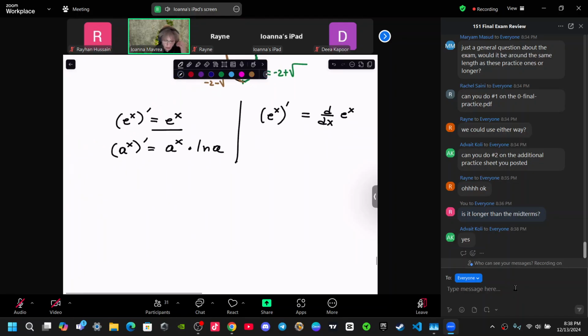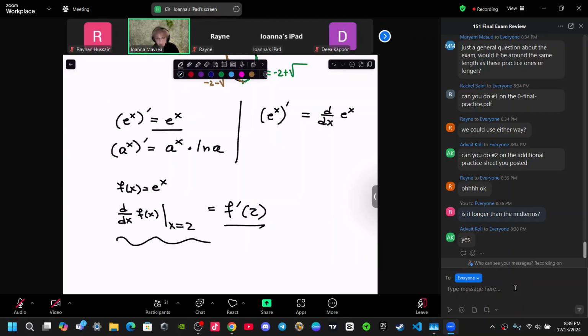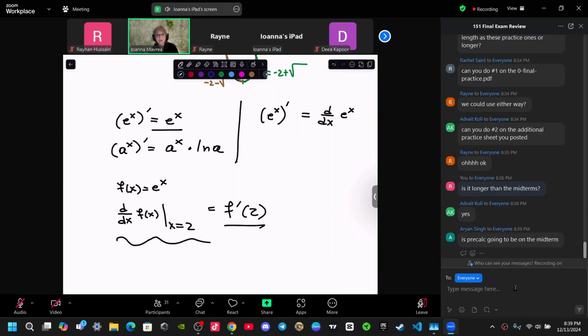So if I ask you, say f of x is equal to e to the x, and I say find the derivative of f of x evaluated at x equal 2. What does that mean? That means find the derivative at 2. So I can ask it this way. That would be too easy. Or I can just go ahead and write something weird like that. These are the same thing. They're telling you the same thing.